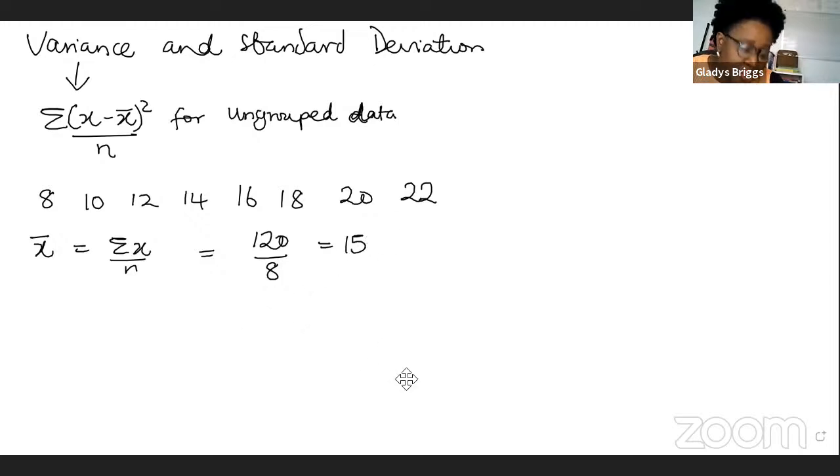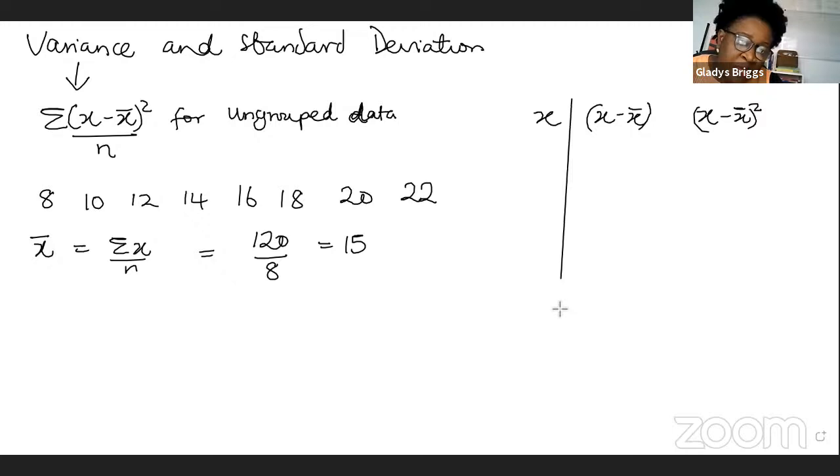Now you're going to set up your table as we've been doing. You have x minus x bar. Now you don't need to take the absolute value here. You just need to take x minus x bar, and then you have to square it in this one, okay? X minus x bar squared, and that's all it is. When you finish, you should get that information to put into your table.